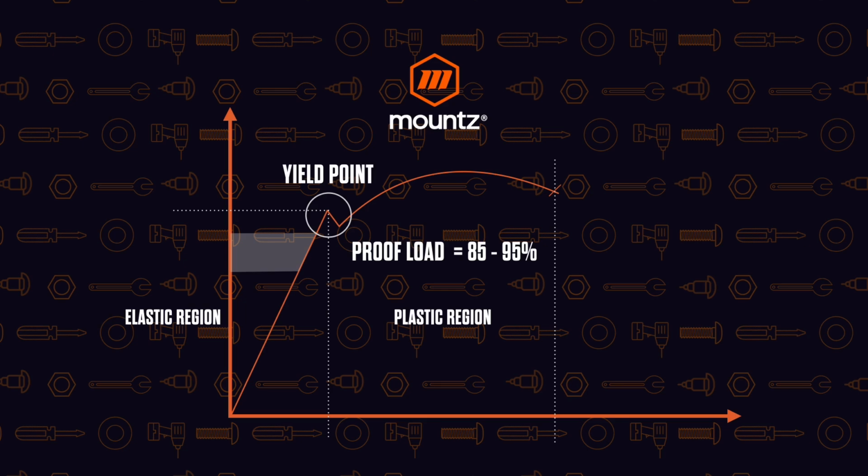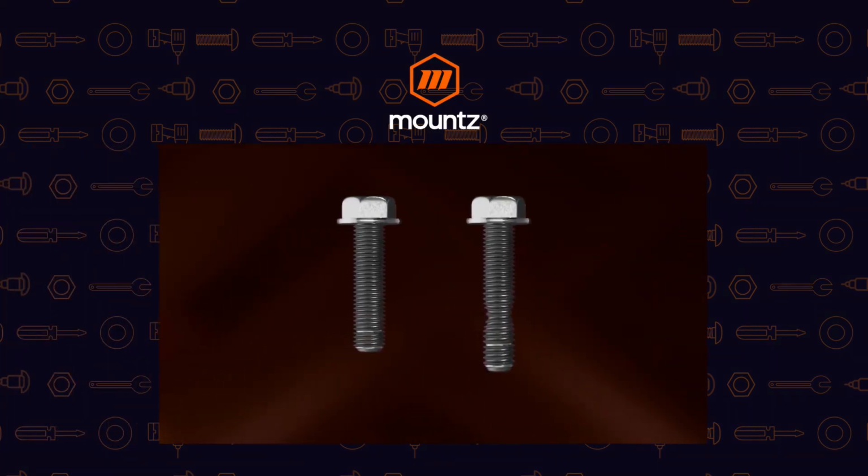This is the ideal of what we're doing when we're trying to create the correct clamp force. We want to stretch the fastener just enough so it does not go into that yield point area and give you an issue where it might break.